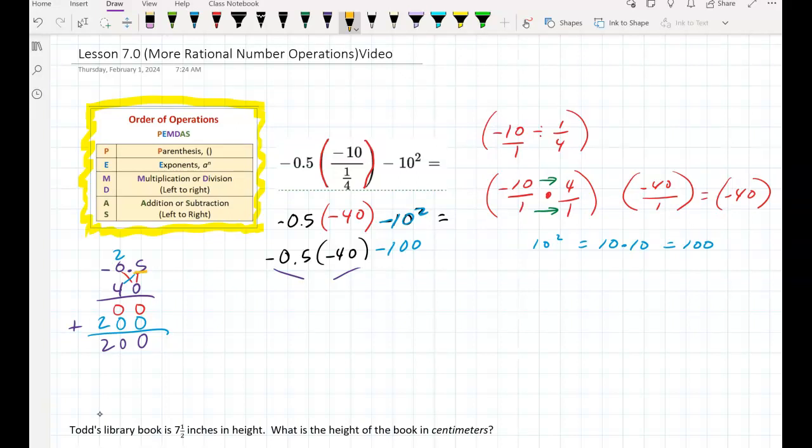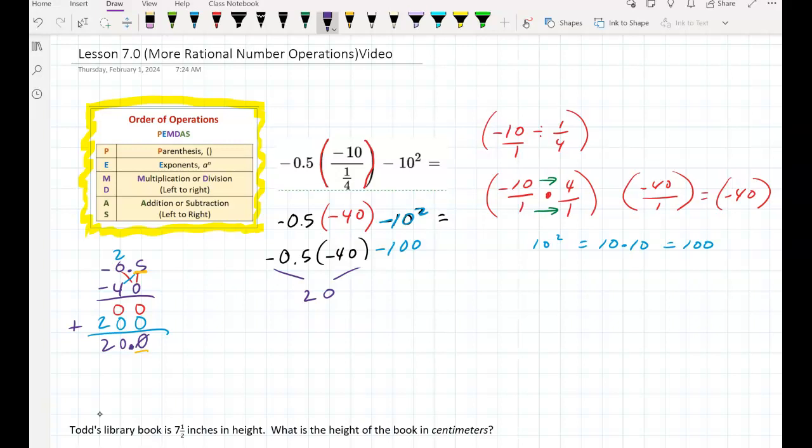And so I have to make sure I have one number after the decimal in my answer. And so put my decimal right there. So negative 0.5 times negative 40 is, let's see, and a negative multiplied by a negative, remember, is a positive. So that'll be positive 20, because I don't need that extra 0, so that's just 20.